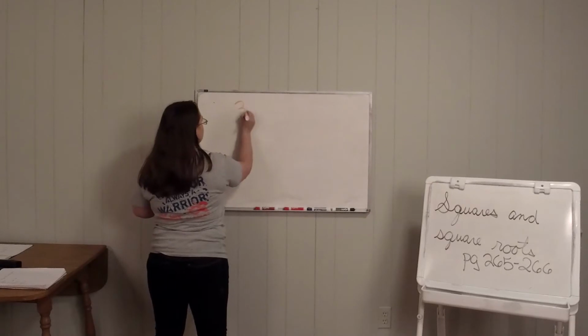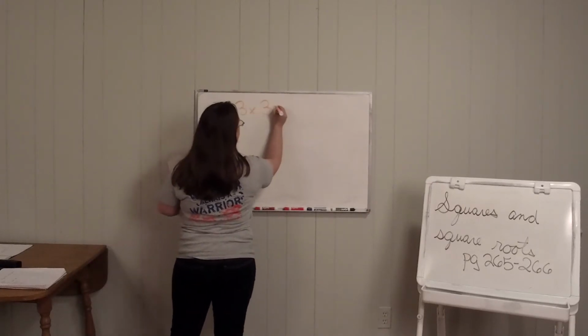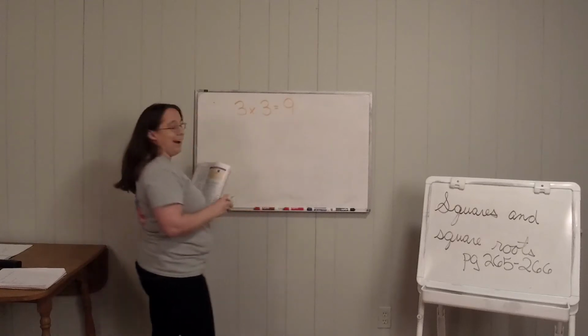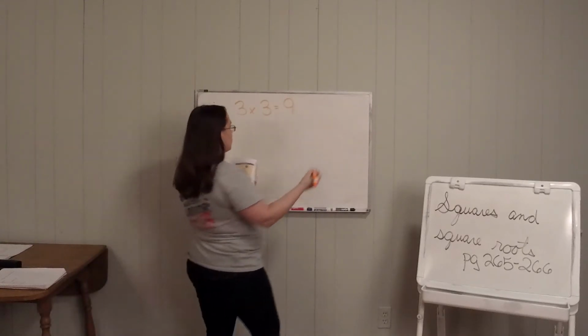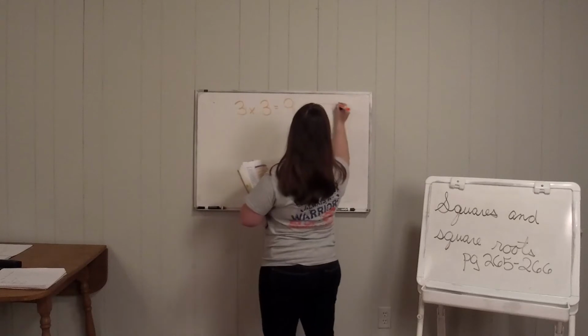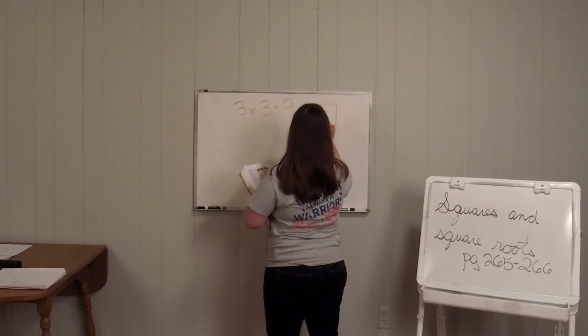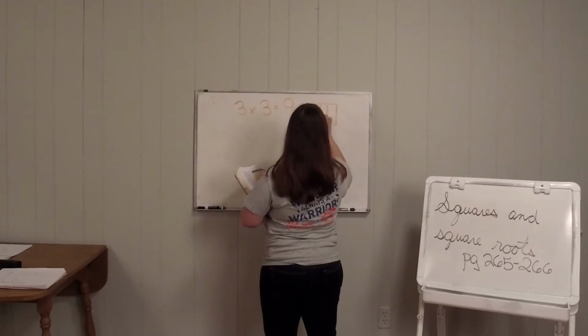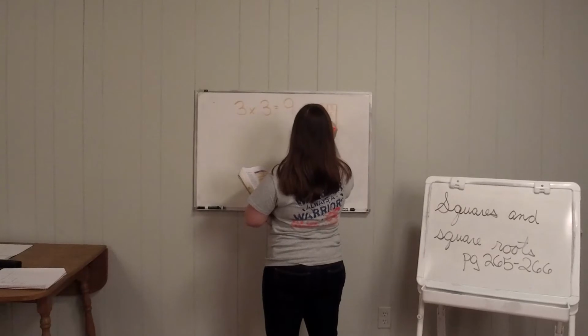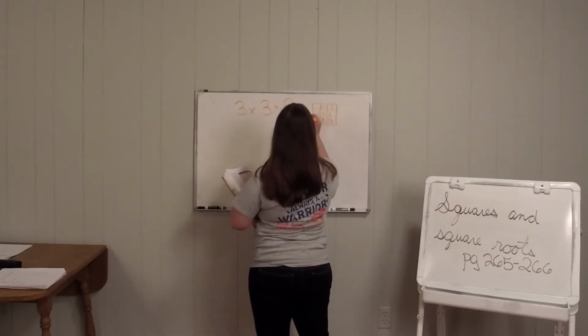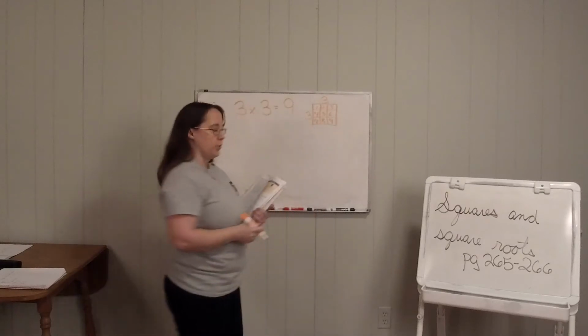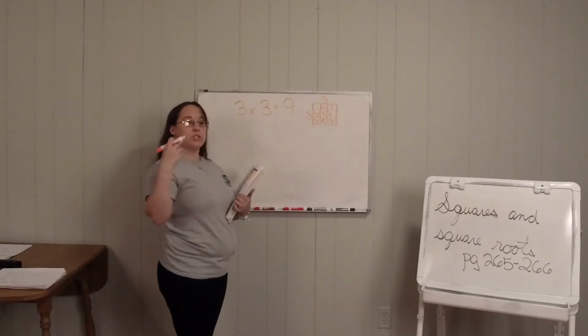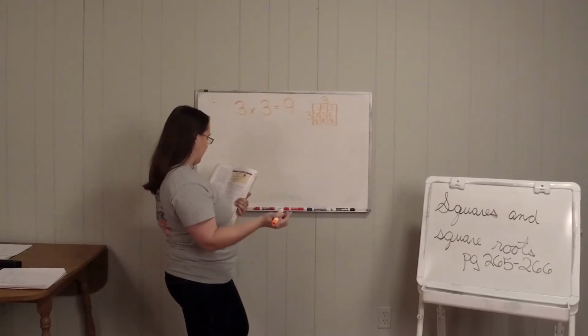3 times 3 equals 9. You know when you have a square, just like in your book, when you do the area of a square, it's side times the side, 3 times 3.